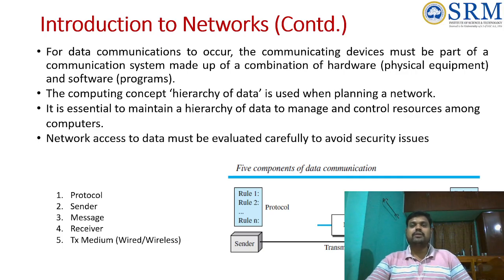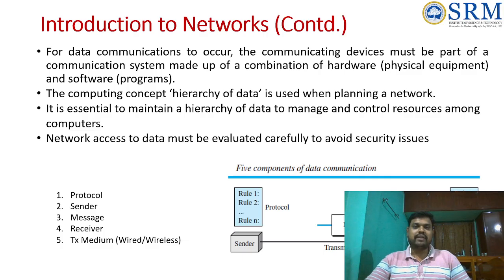Next, what are the components or basic building blocks of data communication? In order to establish data communication between two or more computers, we need some basic components. For example, if you are listening to a movie or to another person who is talking, we need basically three components for any type of communication system.